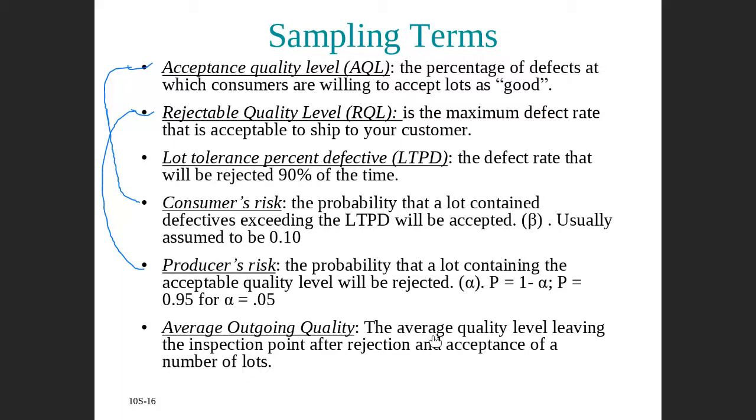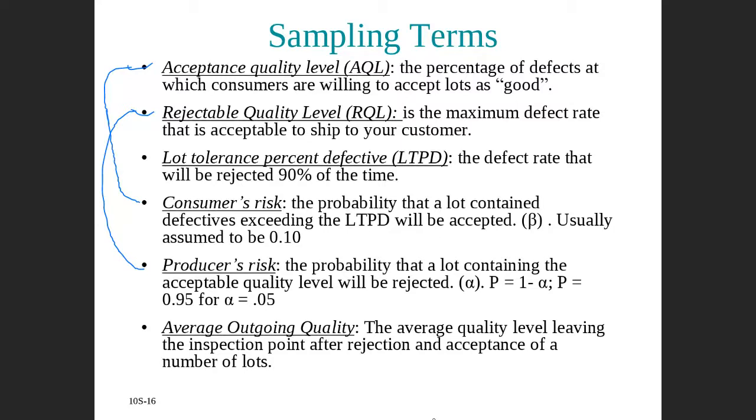That means you may sometimes accept something that has a number of defects close to the limit, and sometimes less than the limit. So what is the average quality overall after you finish the inspection? We refer to that as the AOQ.